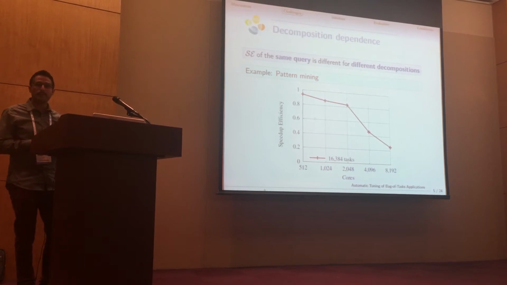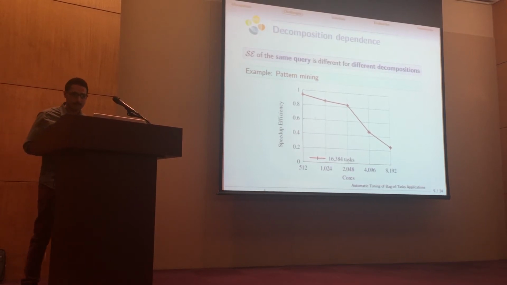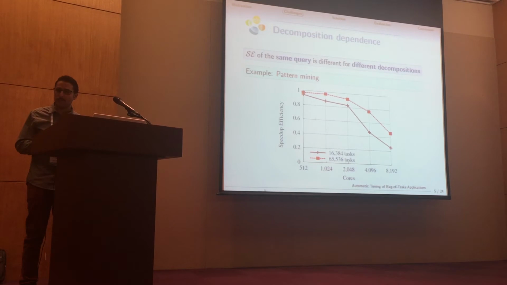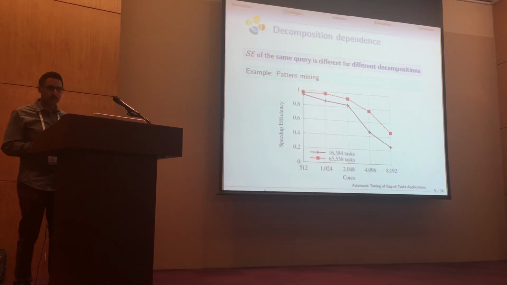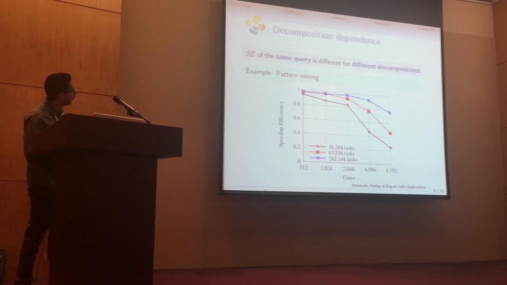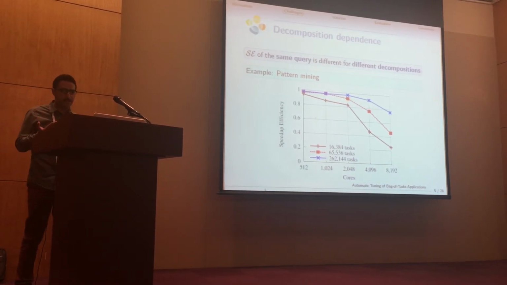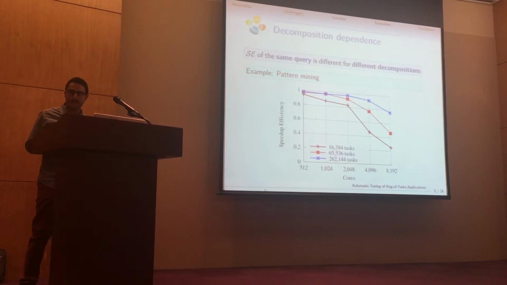Now we go ahead and further decompose the problem into 65,000 tasks. The speed-up efficiency here is enhanced, which is good. So we go ahead and try to decompose further to 260,000 tasks, and the speed-up efficiency is enhanced.